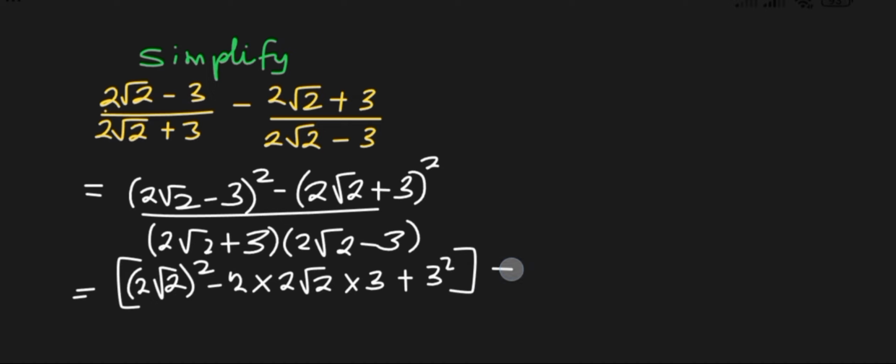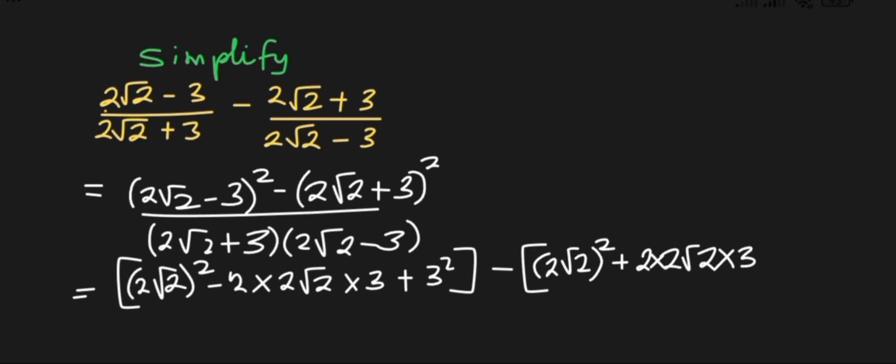And for the second brackets, we have 2 root 2 squared also. Then with a plus in between, it's going to be plus twice of 2 root 2 times 3 and plus 3 squared.